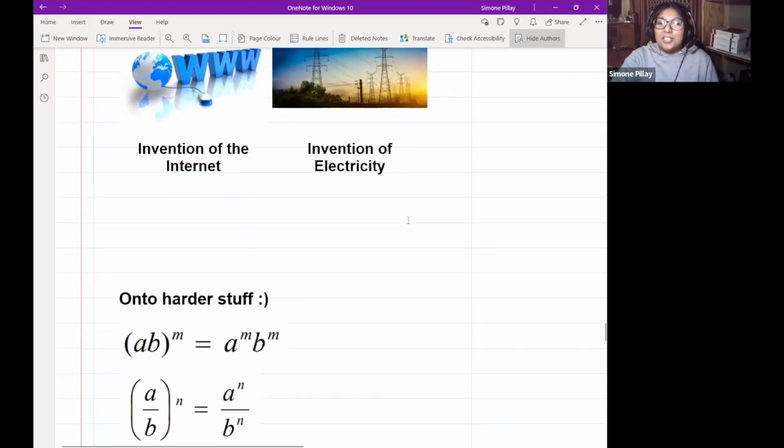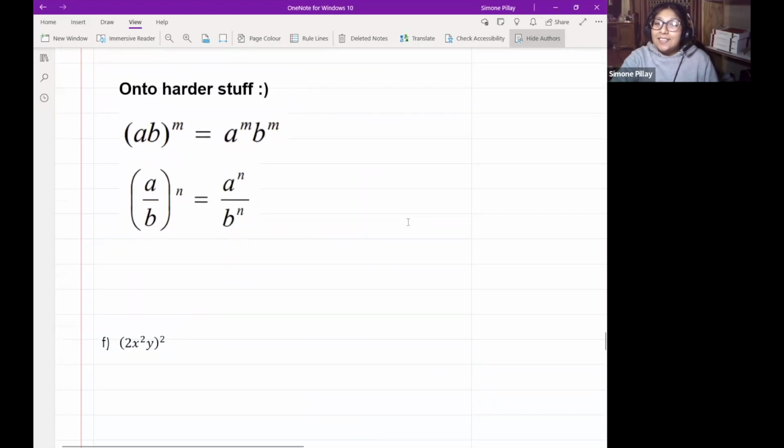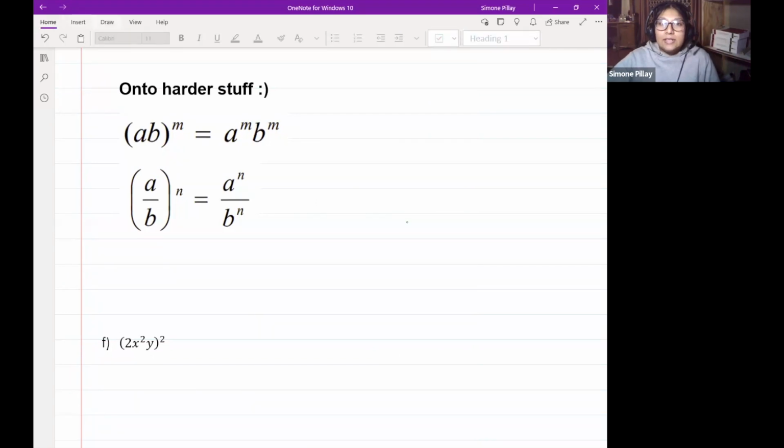It was quick, and I do apologize, but on to the hardest stuff. Which is not really the hardest stuff, because we kind of already did the first one. So we know what the first one means. Like I said, when we have two powers inside my brackets, I apply my law to both of them.